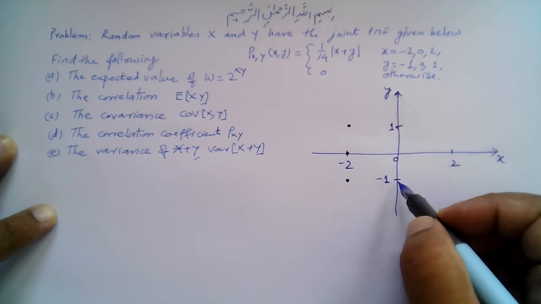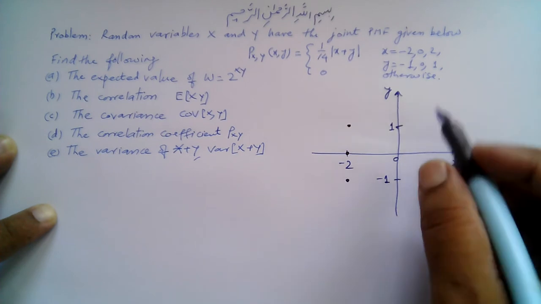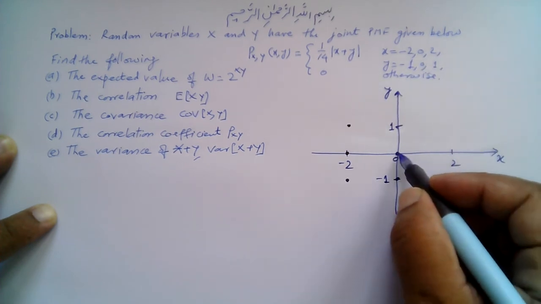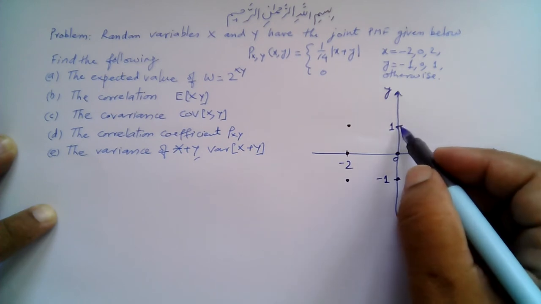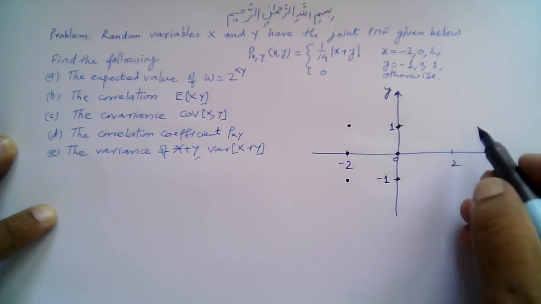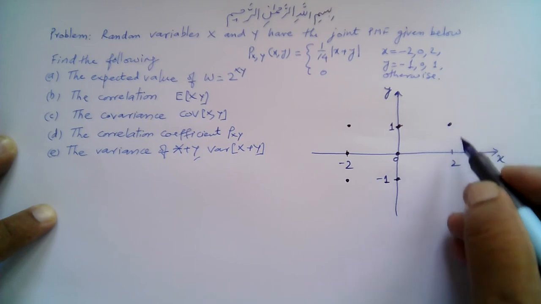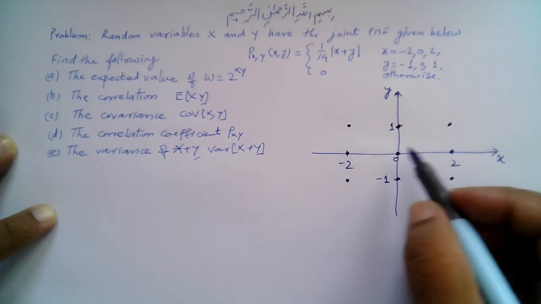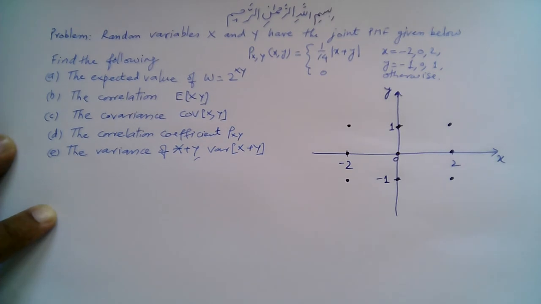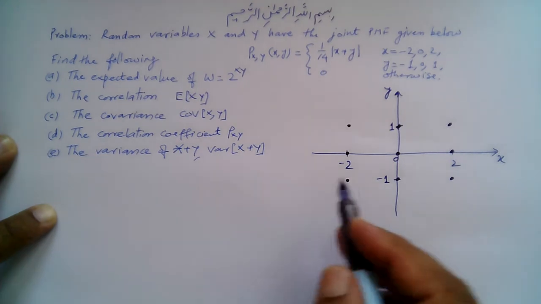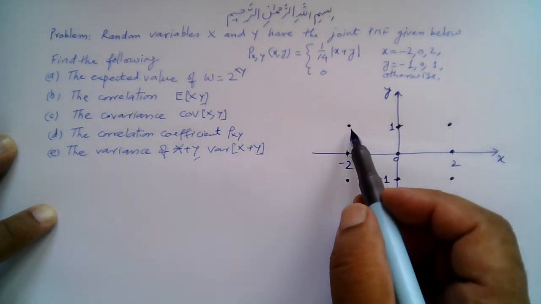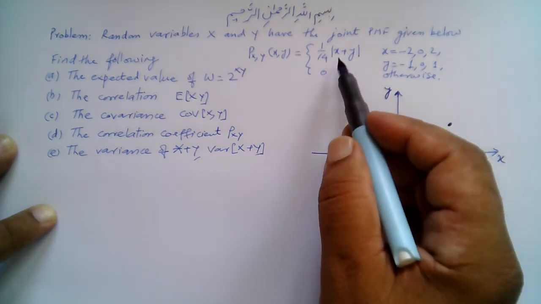Likewise, we have points for x equal to 0 and y equal to -1, 0 and 1, and similarly 3 points here. So there are a total of 9 points where the probability values are non-zero, and these are 0 otherwise. At each point we can compute the value of the probability using this expression.